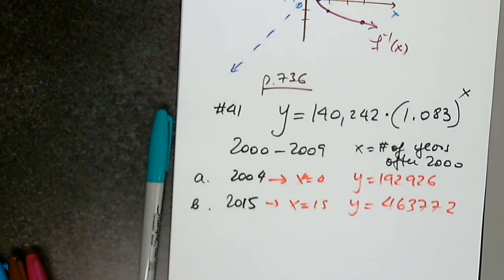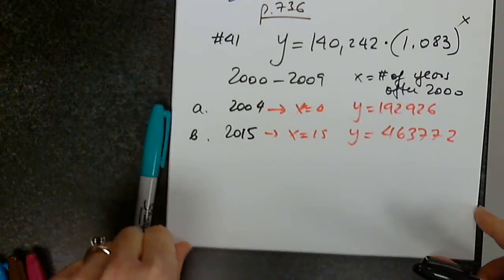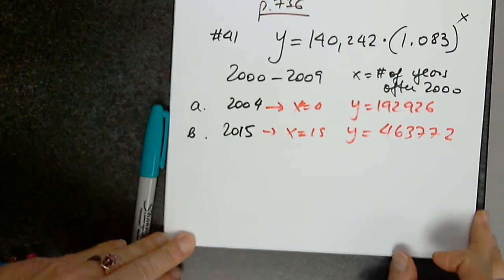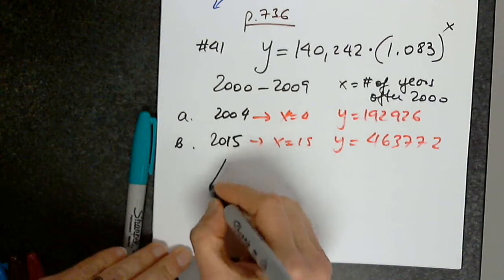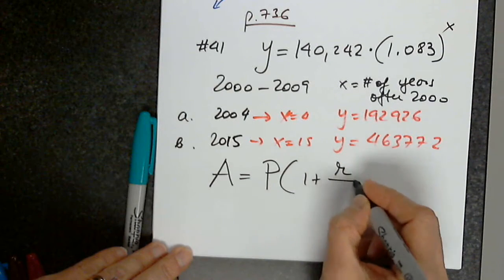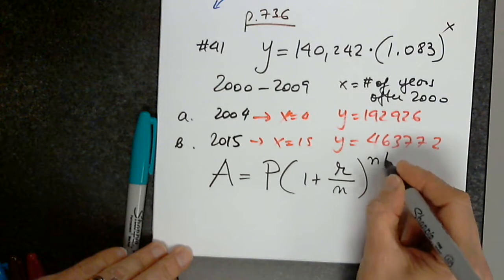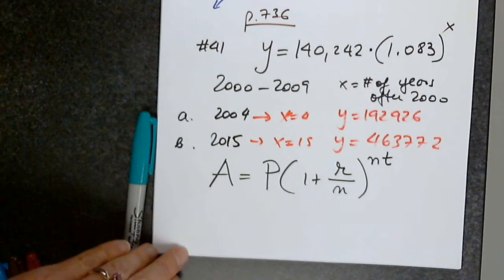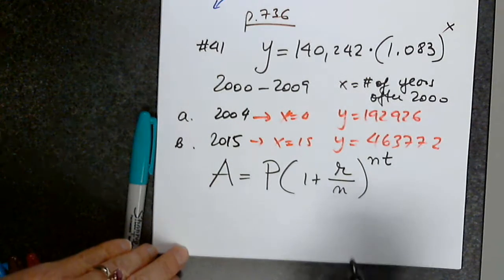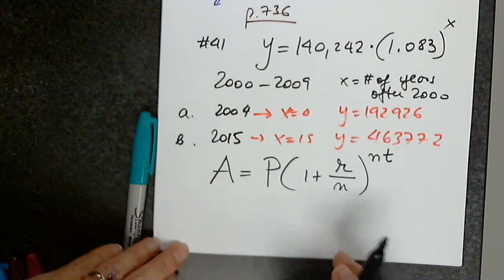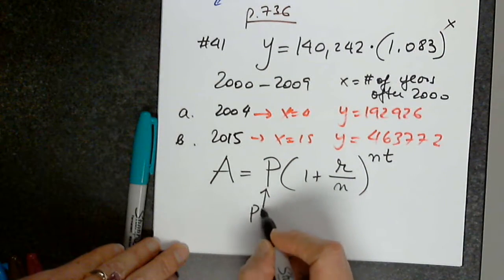Here's another application that I would like to look at. The next two applications or so are based on the following formula. This will be given to you. R over n, and this is n, the same n. So P, principal.